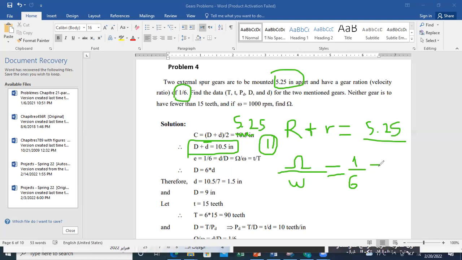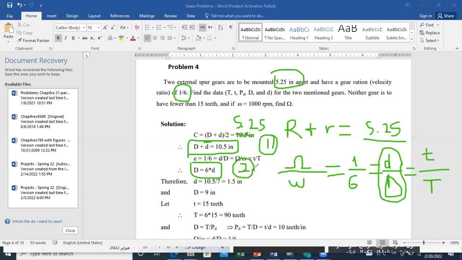So you can directly say that big omega over small omega is equal to small d over big D, and that is also equal to small t over big T. Now from here you can find a second relation between the diameters of your pitch circles. So big D equals 6 times small d. This is equation number 2.